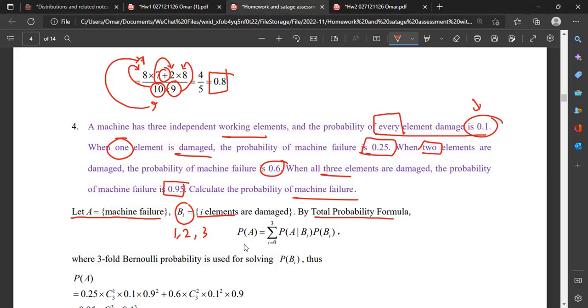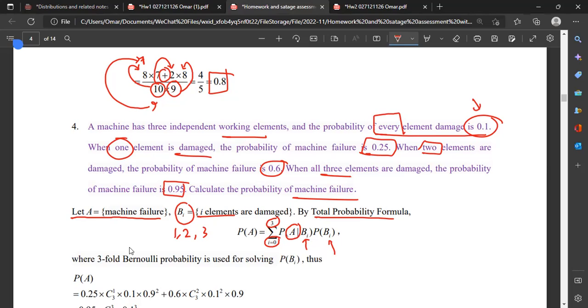So the total probability formula P of A is the summation of i equals 0 to 3, because we have three elements in that machine. So the summation from 0 to 3 of the probability of A, that means the machine failure, given the condition that either the first or second or third element is damaged, times the probability of the i elements being damaged.